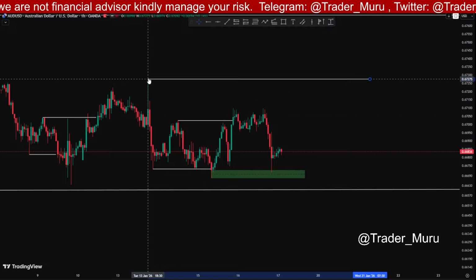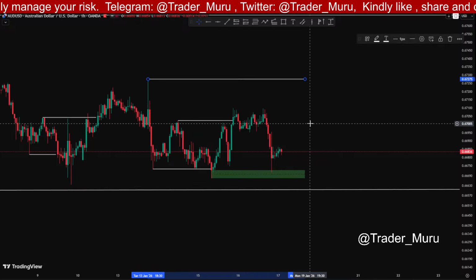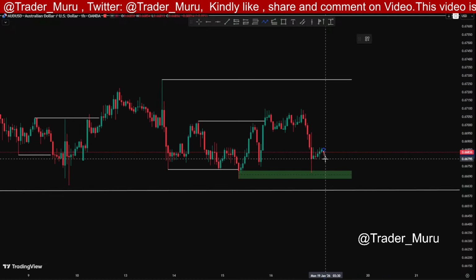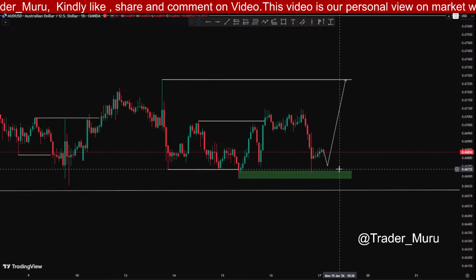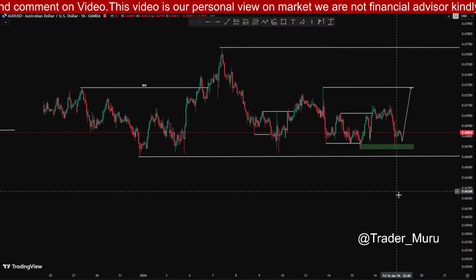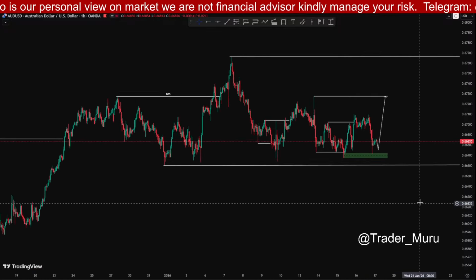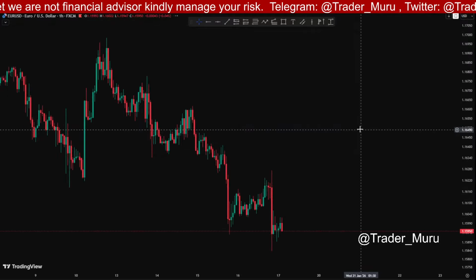AUD is bullish above this green zone. Little bit of momentum toward downside and pump. If this low gets break, we will be watching for short then.